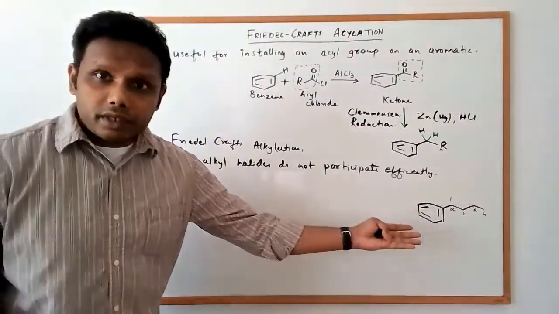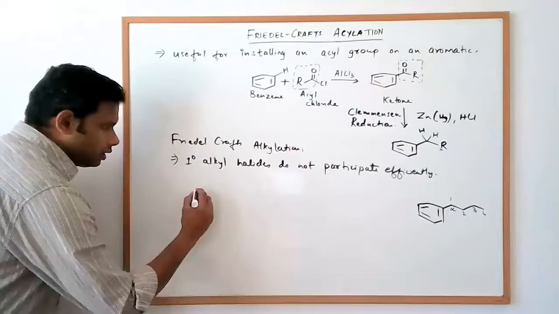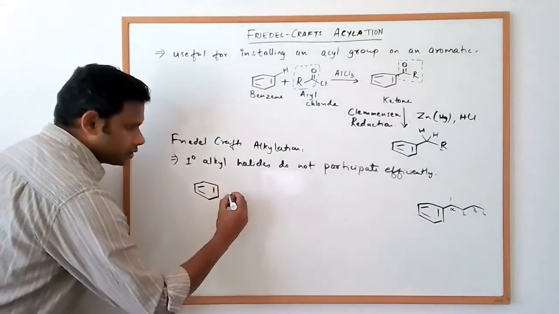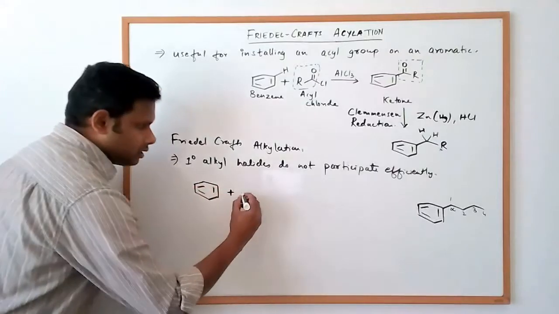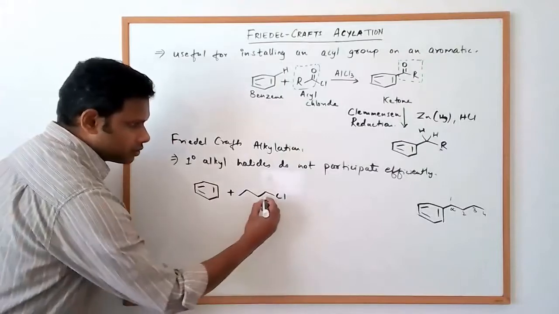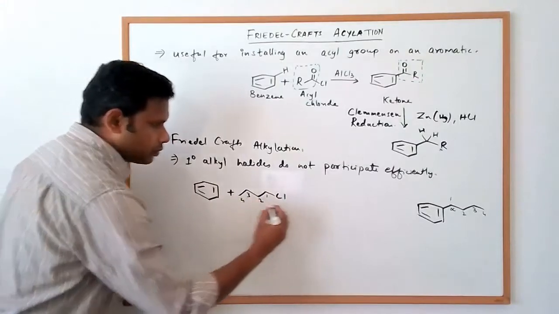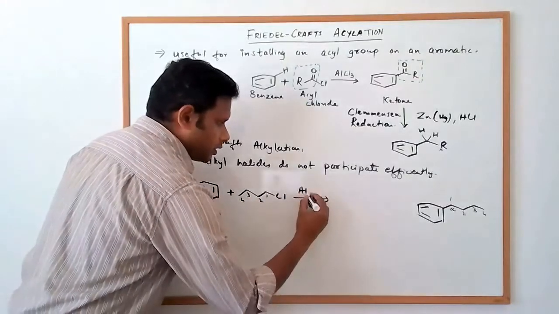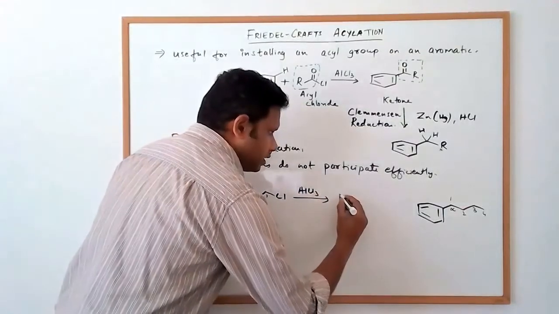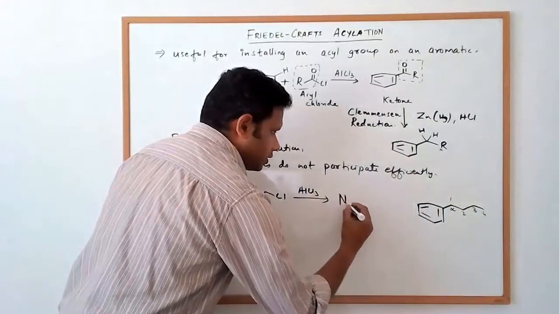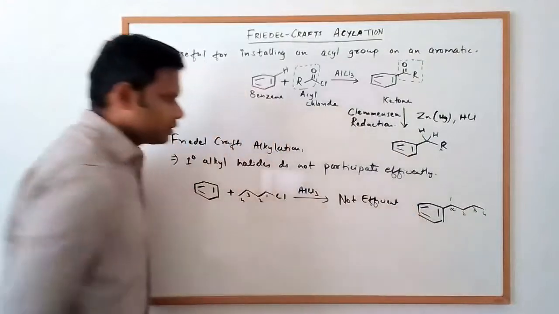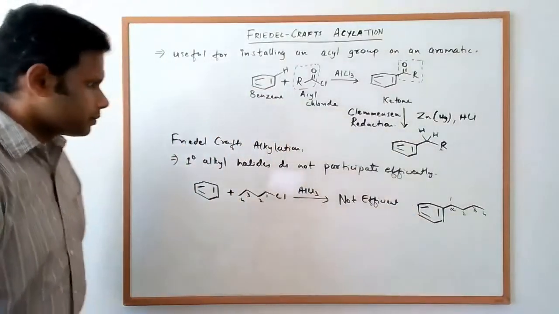So I would be unable to make it using a Friedel-Crafts alkylation, because if I took benzene and reacted it with butyl chloride, 1, 2, 3, 4, and with aluminum trichloride, this reaction may not be very efficient. This is not an efficient reaction to give us that product.